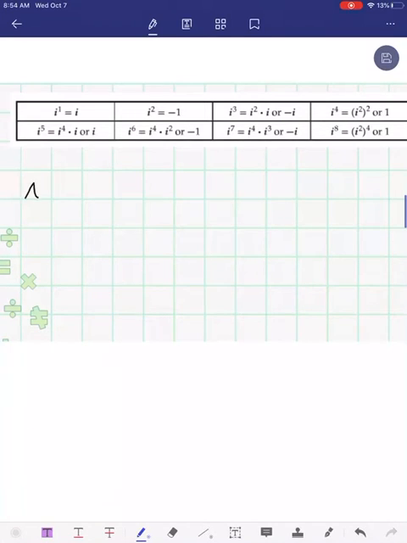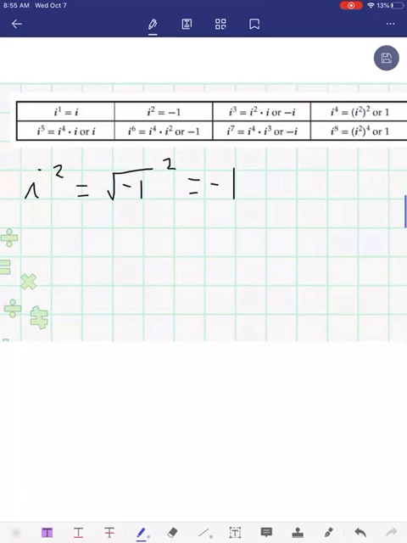Well, then let's think about i squared. Well, remember, if we replace our i with the definition of what i is, we would get the square root of -1. Well, the square root of -1 squared is just going to give us whatever's underneath our radical, which is -1.